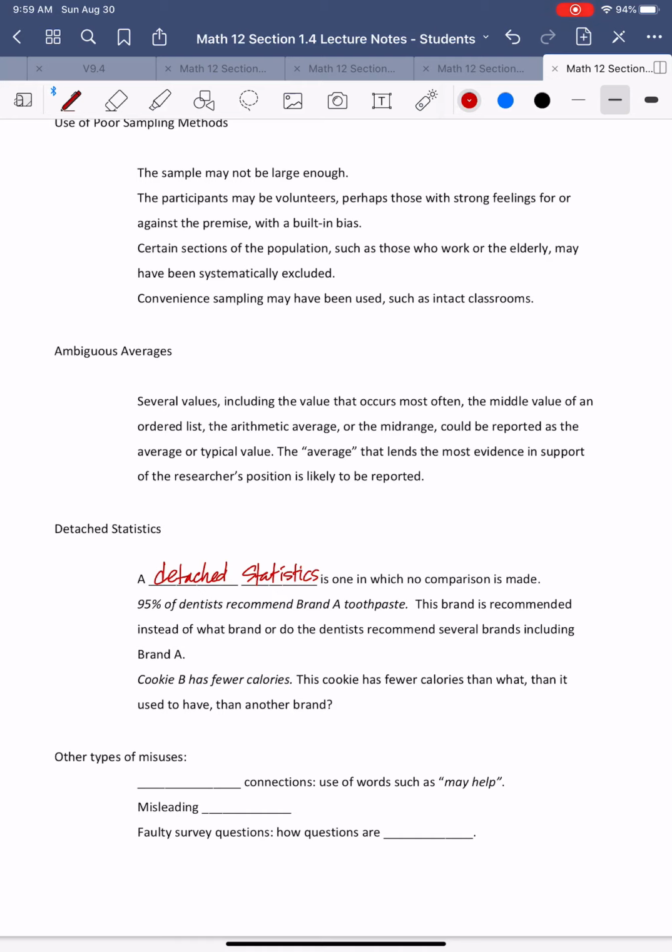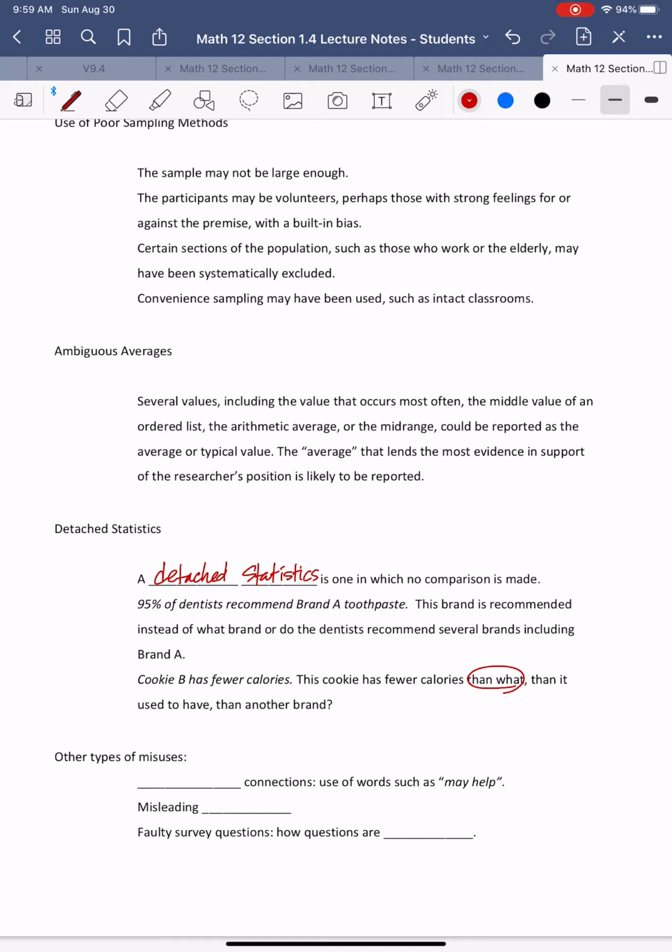Is this brand recommended instead of what brand, or do dentists recommend several brands, including brand A? Cookie B has fewer calories. This cookie has fewer calories than what? They didn't say what. It may be than another brand, but they just recommend it.